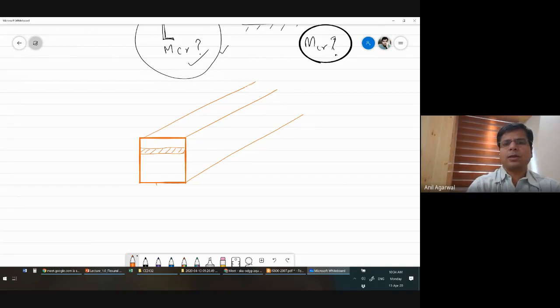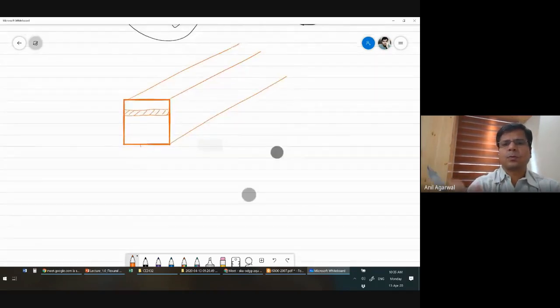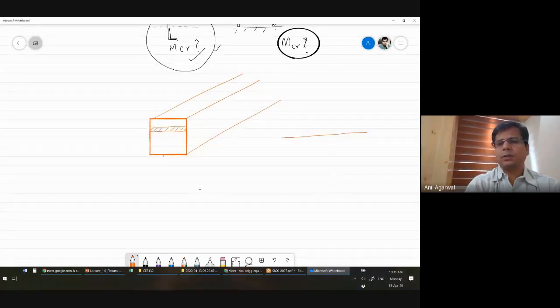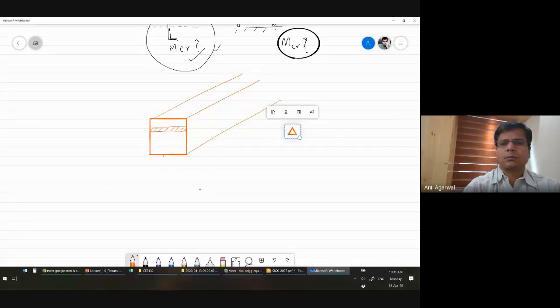Now looking at this beam this way, which is supported between two locations, this is that beam.